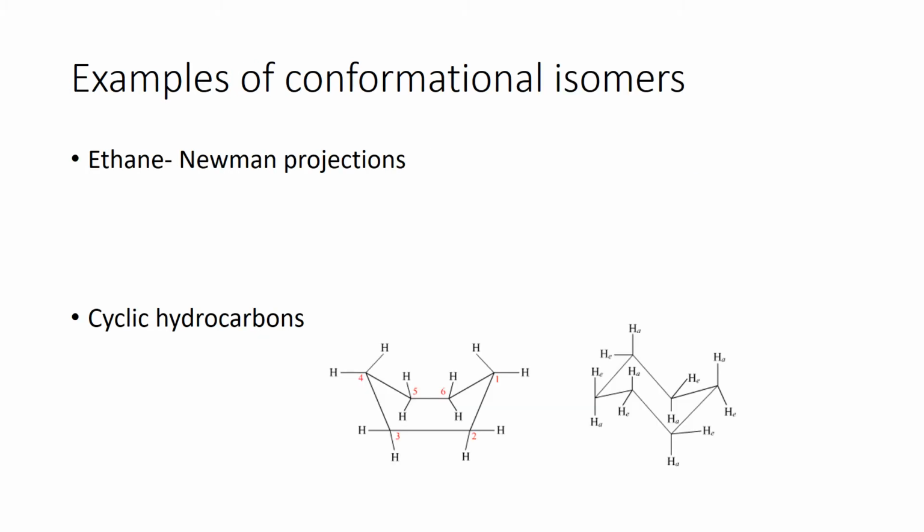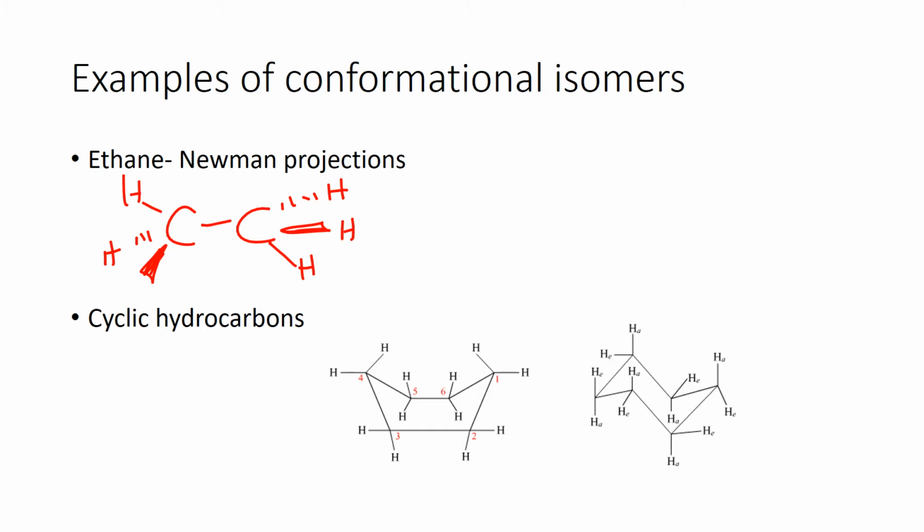Okay, so for ethane, we have something called Newman projections. We have them for other molecules as well, but it's really easy to see with ethane. So if this is ethane, and that's not the greatest drawing you've ever seen in your life, but that's okay.